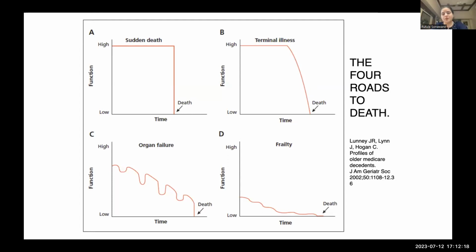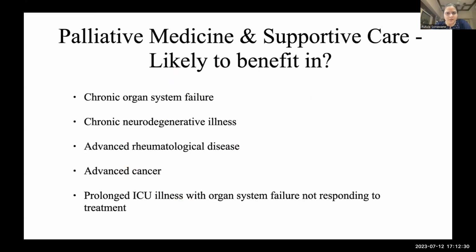And from here, you can also realize that the majority of it is in non-oncology rather than oncology. So there is a greater need for palliative care in non-oncology as well. So what are the likely diseases that will benefit from palliative care?